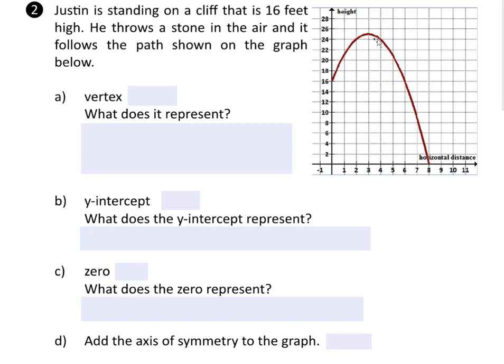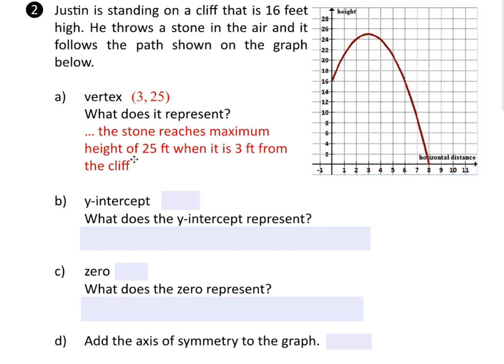The horizontal difference is 3 feet, and it is 25 feet high because it's halfway between 24 and 26. So it should be 3, 25. What does it represent? Well, when it's traveled 3 feet, it should be 25 feet high. So the stone reaches maximum height of 25 feet when it's 3 feet from the cliff.